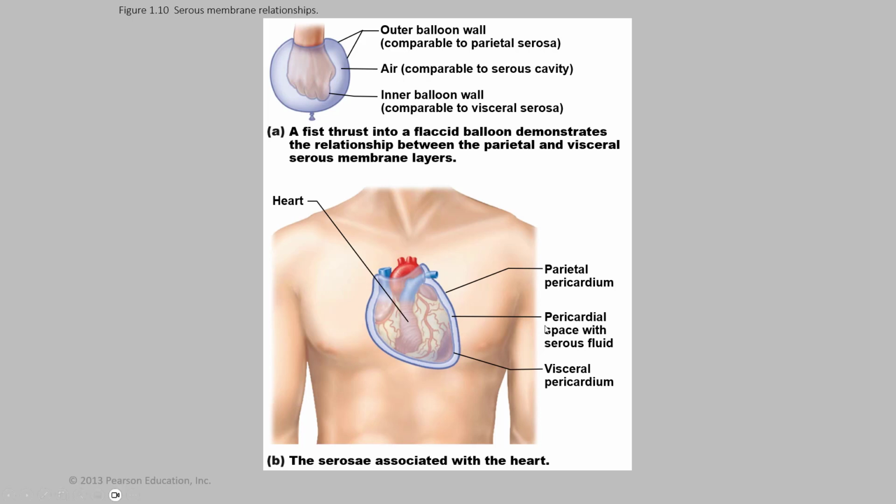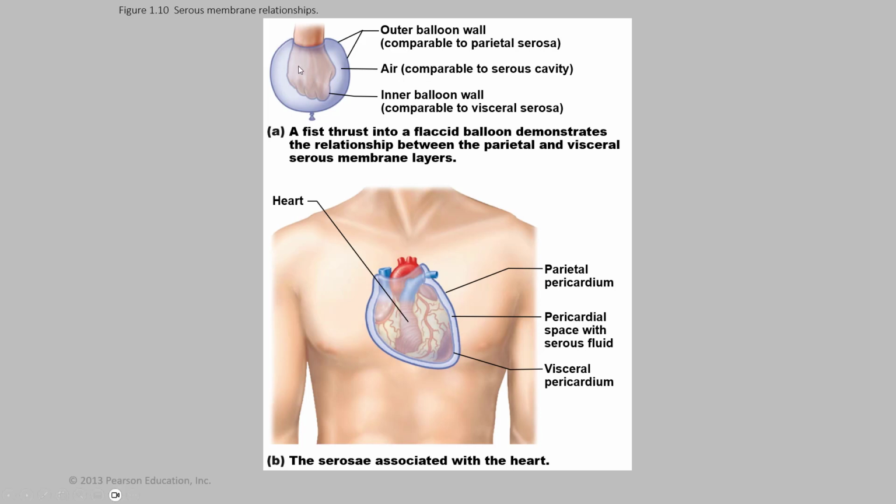So here we get kind of an illustration of what that looks like around the heart. And then up here, they always give this example of a hand stuck down in a balloon. I don't really care for that, but it does kind of illustrate how this two-layered membrane works.